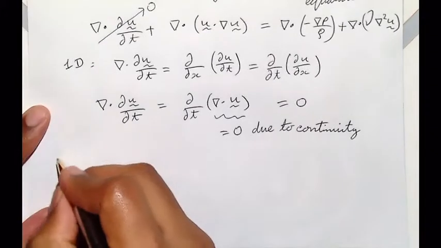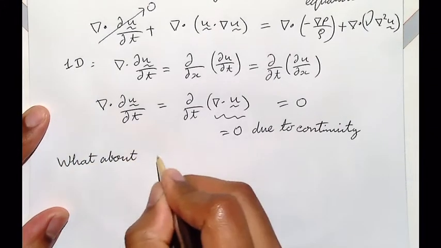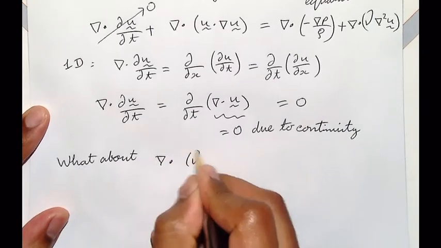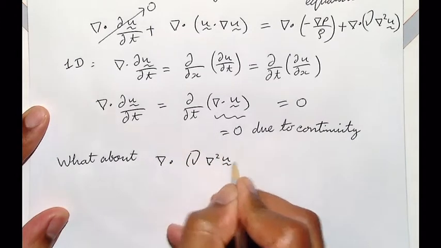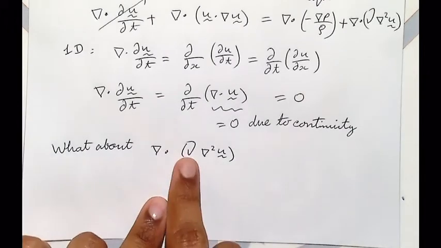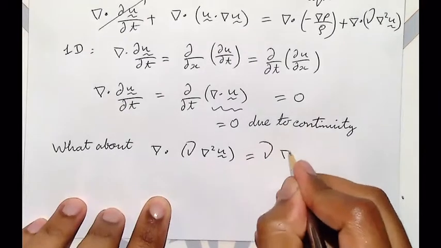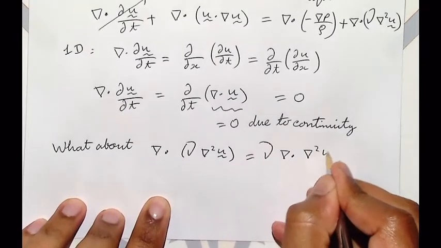Okay, what about nabla dot nu nabla squared u? And let's assume that it's a nice normal fluid, so nu, the viscosity, is constant. So we can say this comes out: nabla dot nabla squared u.